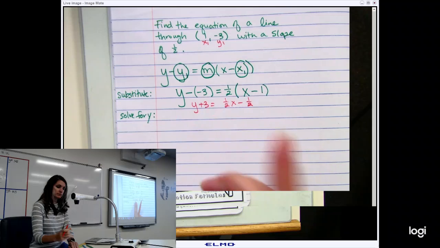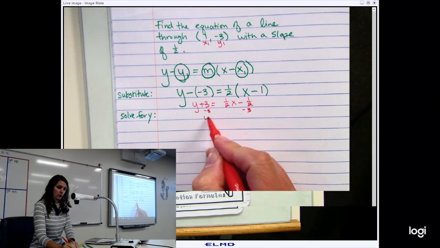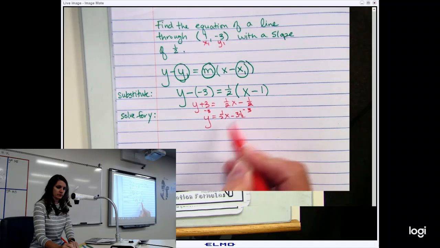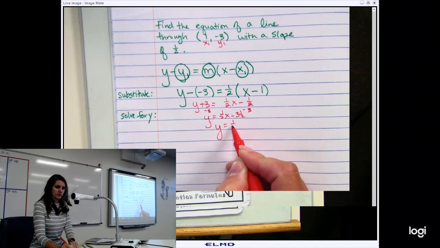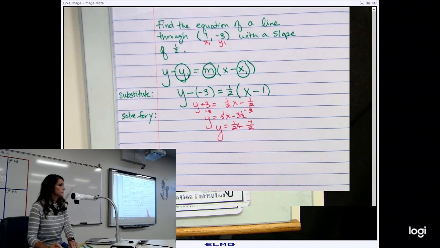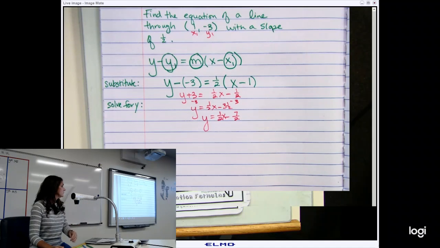Take away the 3. And I get Y equals 1/2 X minus 3.5. I'm just going to change that to an improper fraction there. How did that feel? Didn't like it? We'll do another one.